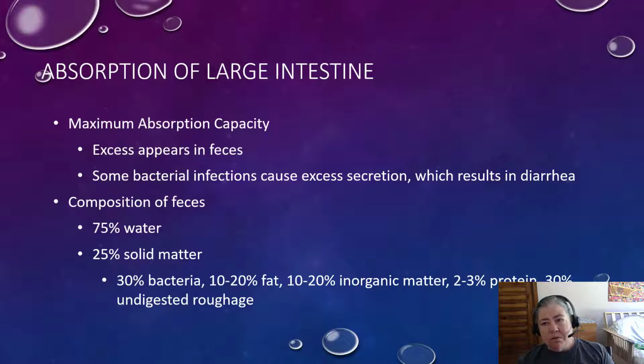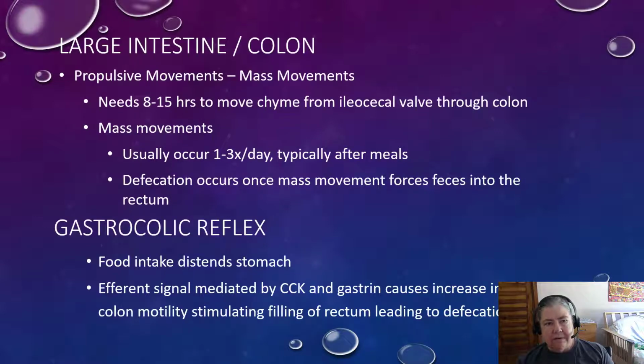Under normal circumstances, feces are about 3/4 water and about 1/4 solid matter comprising bacteria and fiber and fat and minerals, inorganic matter, and a little bit of protein. So a little bit of fat, a little bit of protein that haven't been digested.